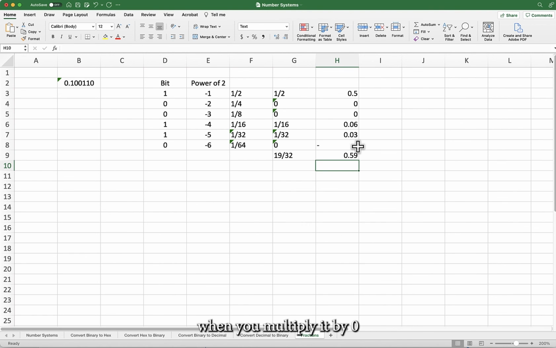And what happens when you multiply by 0? You end up with a result of 0. One of the key things to remember is that a computer never is accurate.